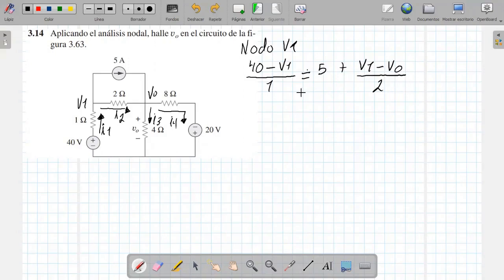Now I apply algebra here. I have that 40 minus V1 is equal to 5 plus V1 over 2 minus V sub 0 over 2. I have to leave the variables on one side, so I'm going to pass this variable over there and this constant over there.